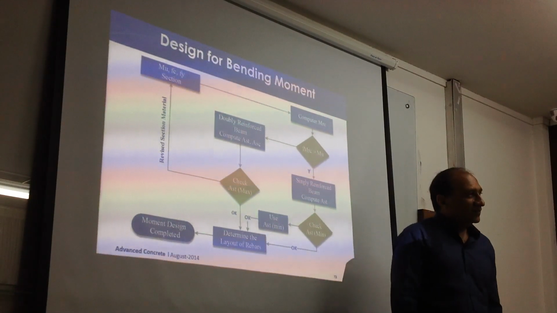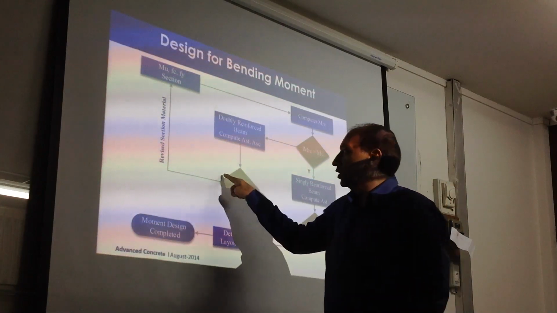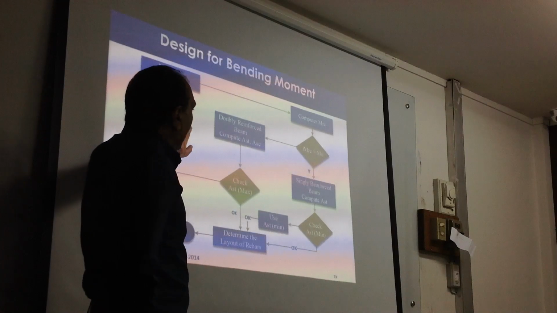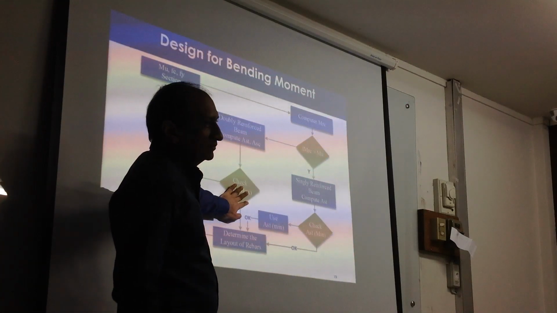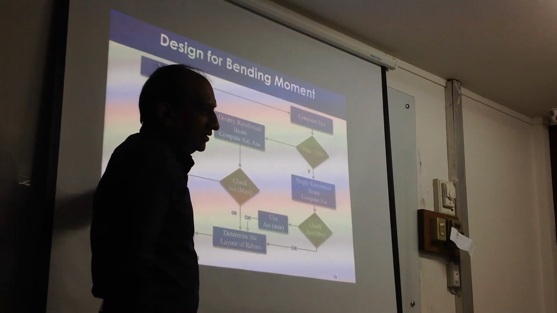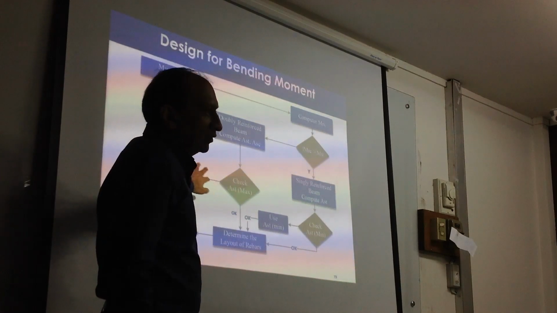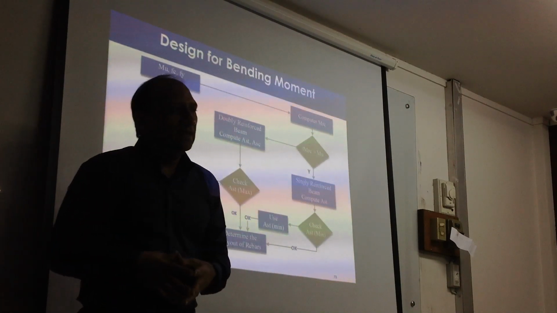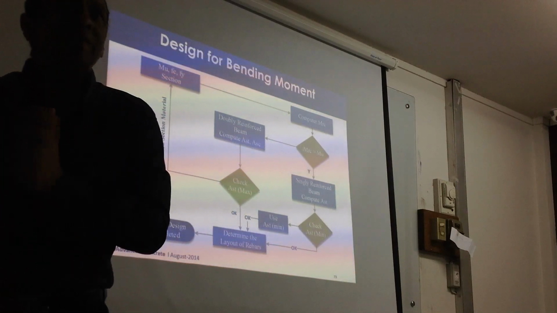So basically, this diagram, you almost never need to revise the section or the material as long as the layout will be a problem or other things will be a problem, right? But practically, this is how we check. So that is a procedure to follow for the design of the typical beam section.